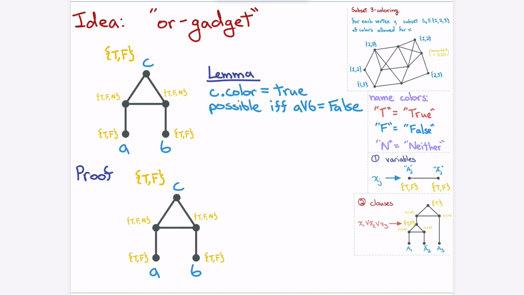Okay, so how can we do this? So if we assign this to be true, right? Then if I actually made C true, then one of these has to be false and one of these has to be nonsense. Okay.